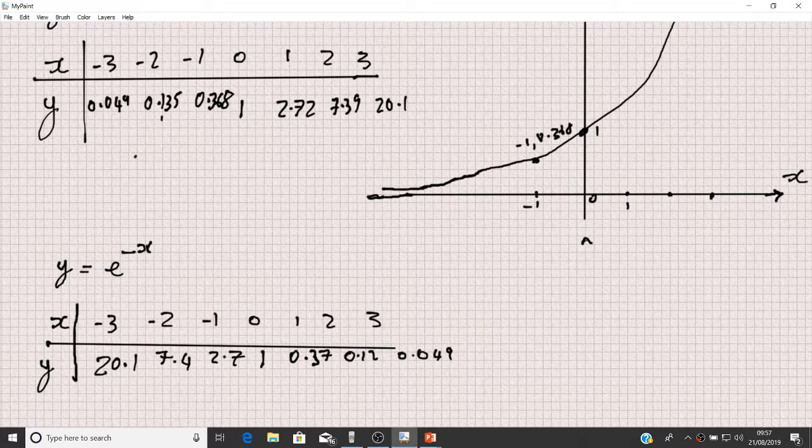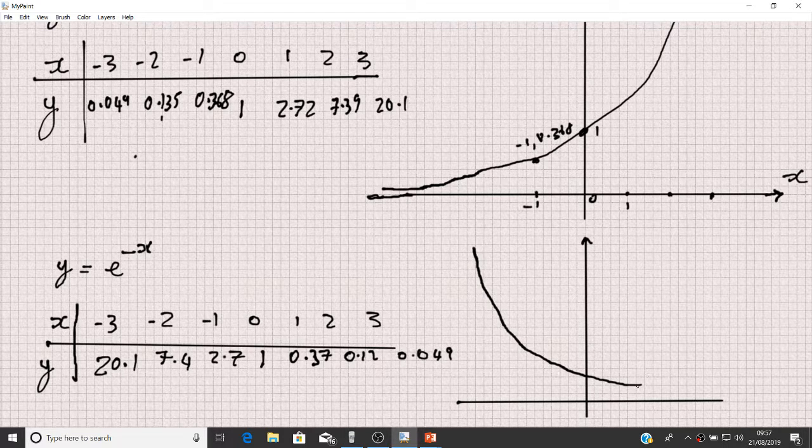I'll just draw the axis now and sketch that in. So there's my y-axis, and let's look at my x-axis maybe down here. And e to the minus x will be similar to the previous one, but just dropping in the opposite direction.